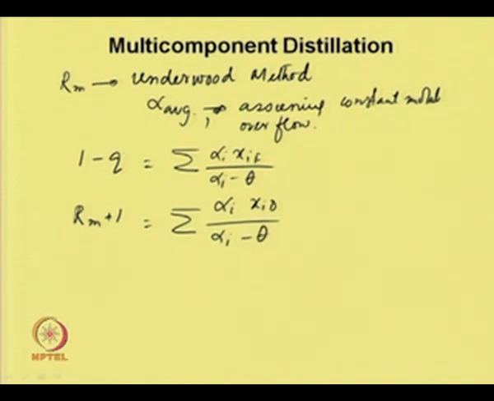So, these two equations should be simultaneously solved to obtain the minimum reflux ratio Rm. So, x I d are supposed to be the values at the minimum reflux. Alpha I may vary, which can be assumed, or the average values can be taken, which we have discussed before, and the alpha value for the heavy key is considered as 1. So, from this we can calculate Rm by trial and error method.